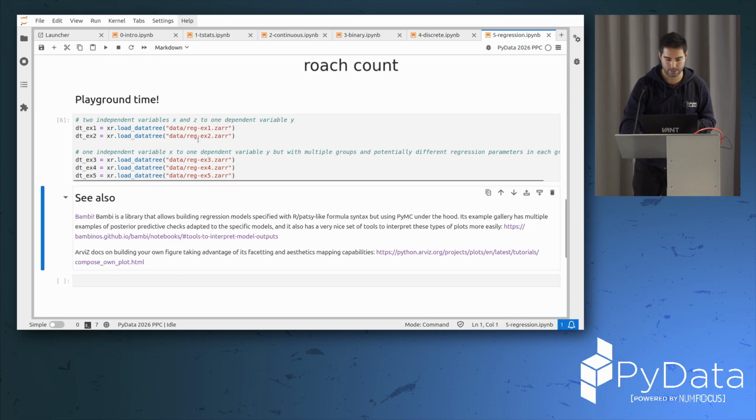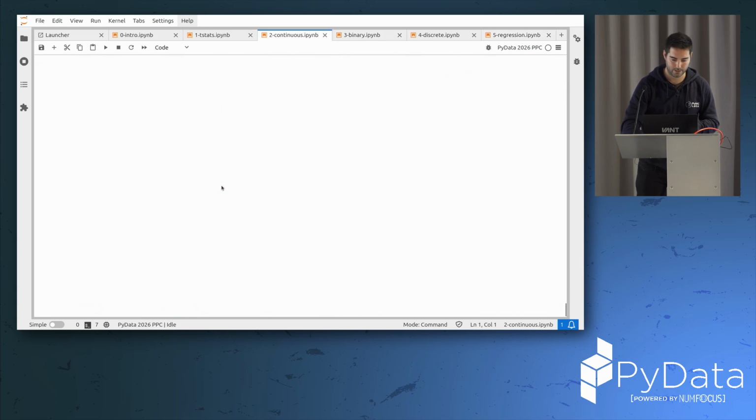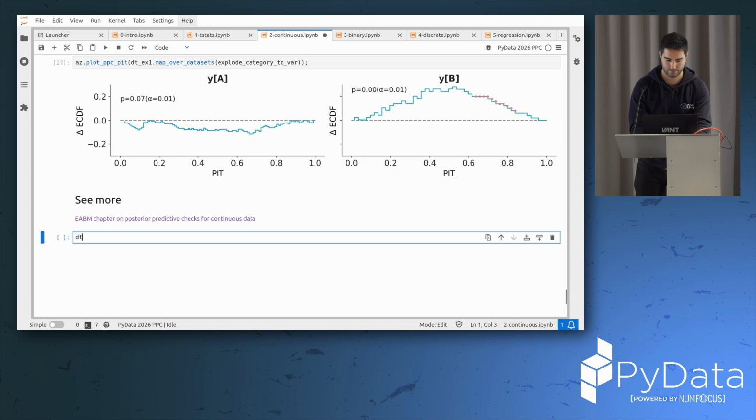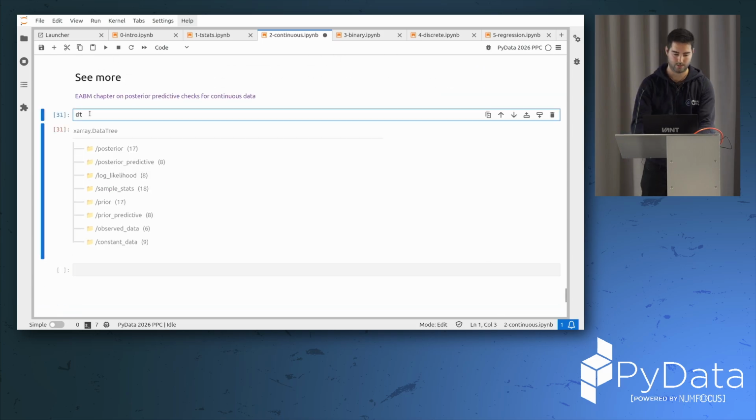So we have this, I think for the red one we have it. Let me check. Log likelihood, yes. So here, no, not PPC, blue bit, yes.